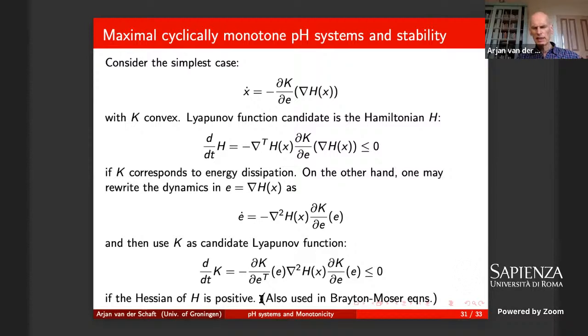So I think this is something that has been used in various contexts. In fact, it's also going back to the classical Brayton-Moser equations for nonlinear RC circuits. So this is an approach which deserves more attention.